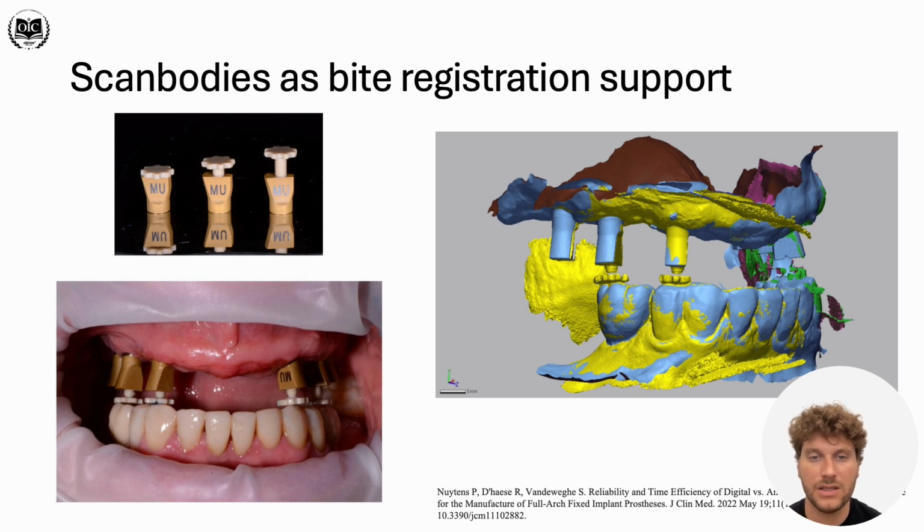And in his research, Professor Nuytens with colleagues noted that with this methodology, you can expect deviations of around 800 microns, which is really not acceptable for the final restorations.